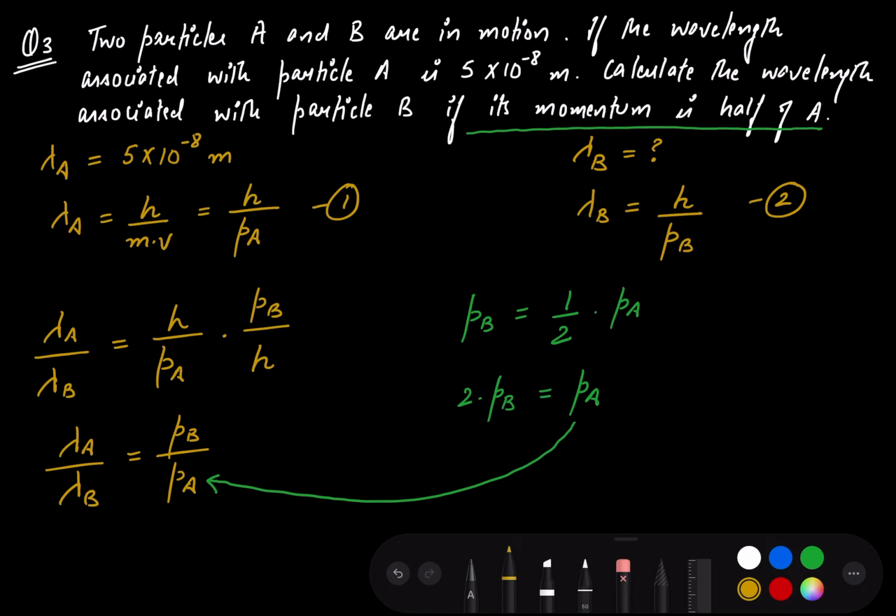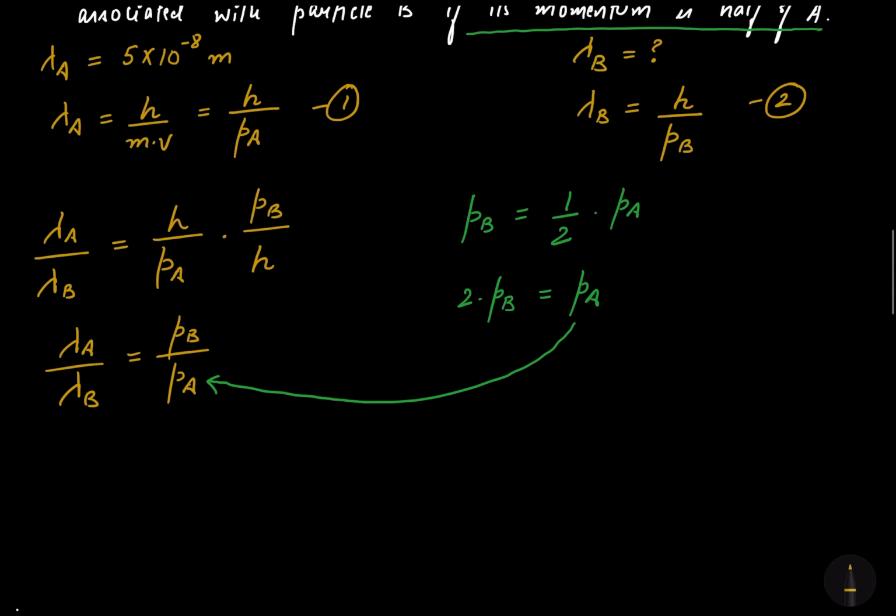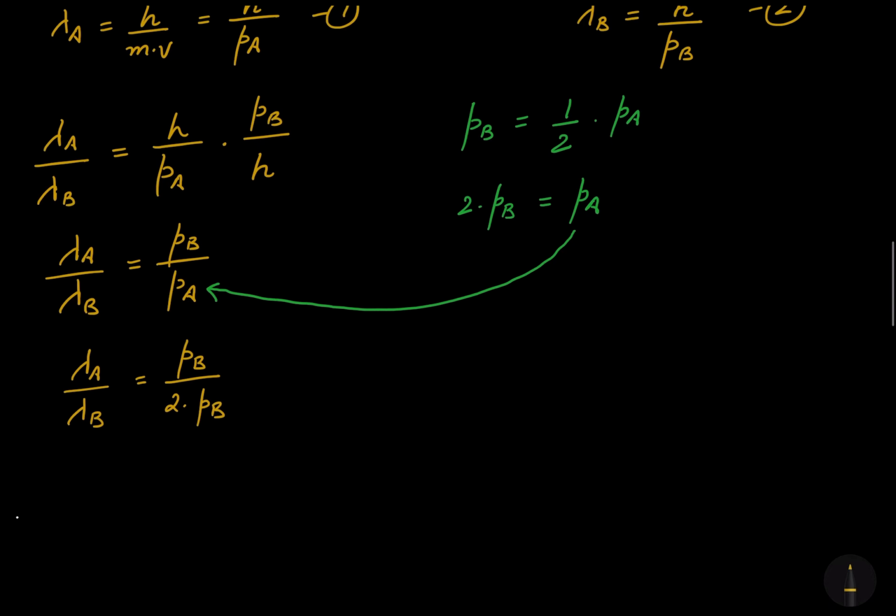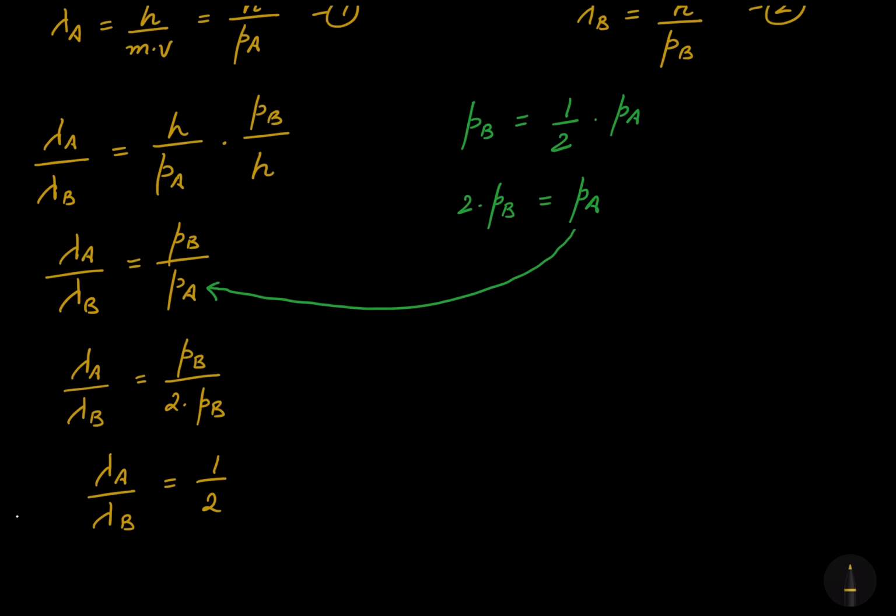So now let's substitute the value of momentum A over here. After substituting, I got the wavelength of particle A divided by wavelength of particle B comes out to be momentum of particle B divided by 2 into momentum of particle B. So the relation comes out to be wavelength of particle A divided by wavelength of particle B comes out to be 1 upon 2.